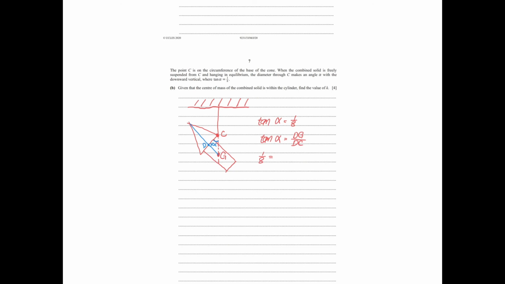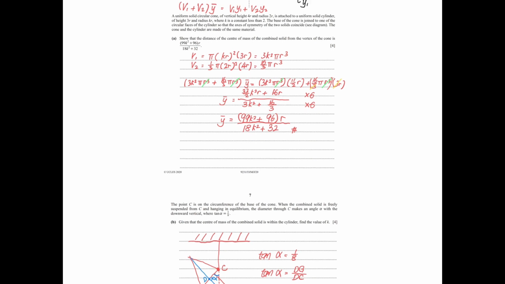DG is actually the distance from here to here. From part A, the answer we found is the total distance from the vertex all the way to the center of mass G of the composite solid.